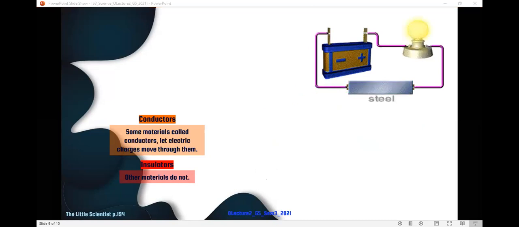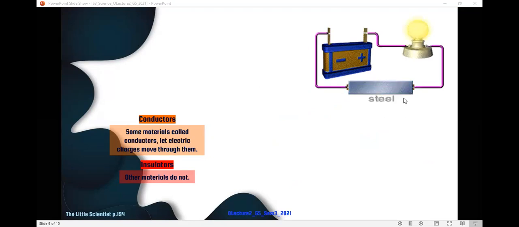Let's see if it is a conductor or an insulator. Conductor means it conducts electricity. It lets electricity pass through freely and easily. Insulator, it does not. Okay? All of you, we want to say conductor or insulator.